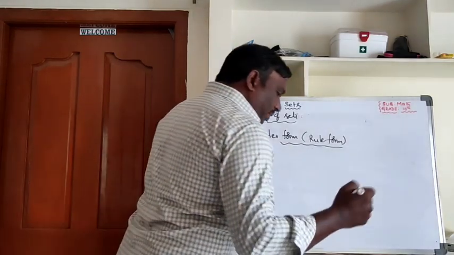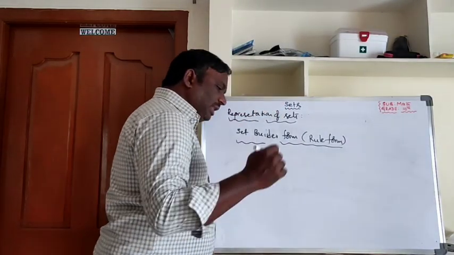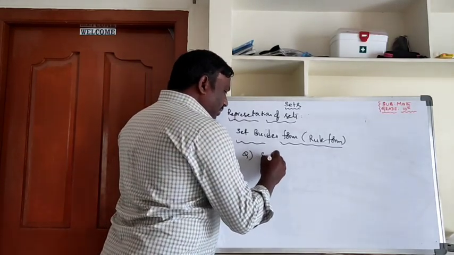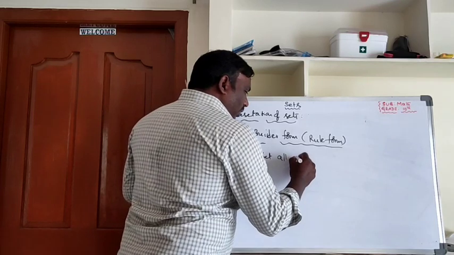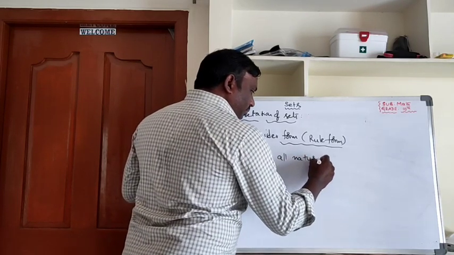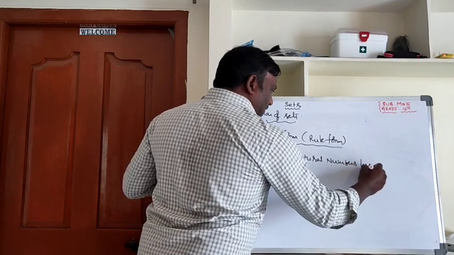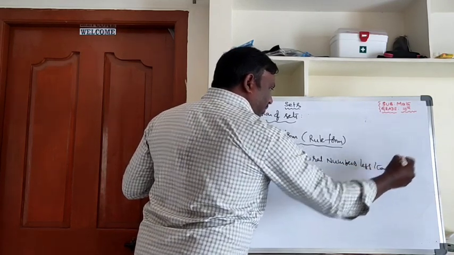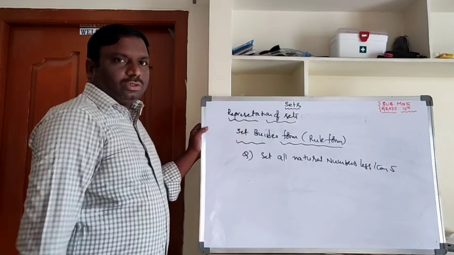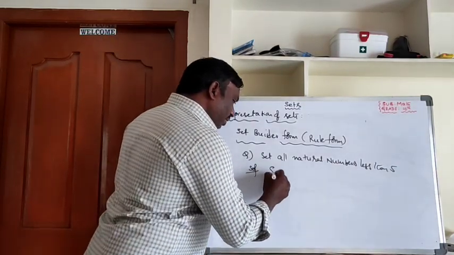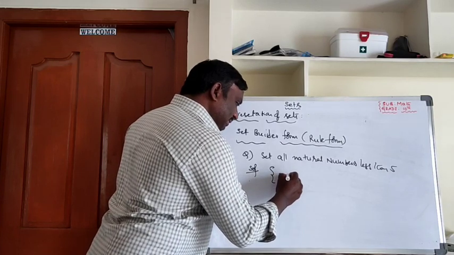Let us take the example: the set of all natural numbers which is less than 5. Questions like this, they will give: set of all natural numbers less than 5, change into set builder form. When changing into set builder form, first we have to decide x.